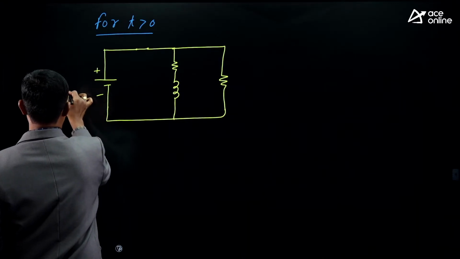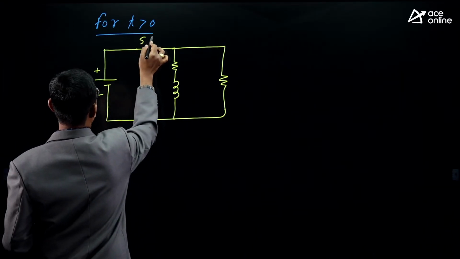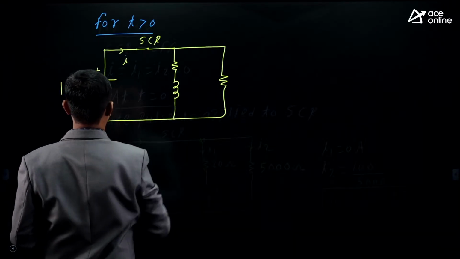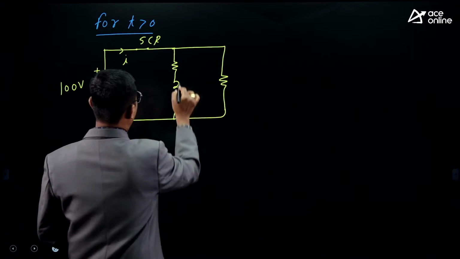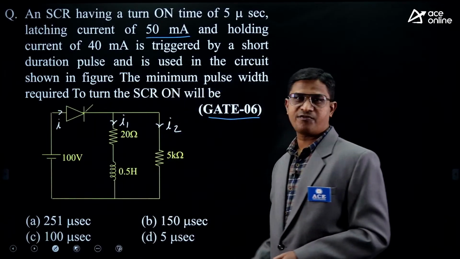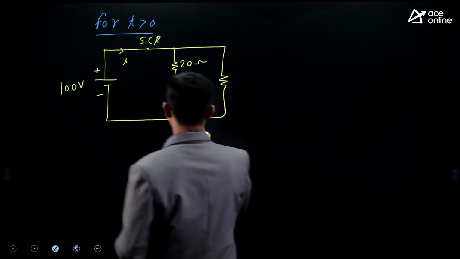This is 100 volt. SCR, current I. This is 20 ohm resistor. Inductor value is 0.5 Henry.